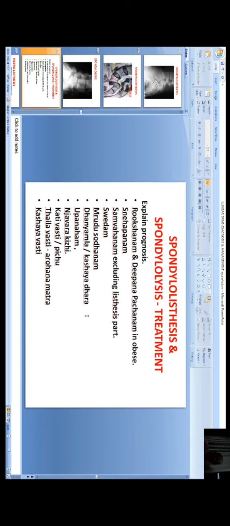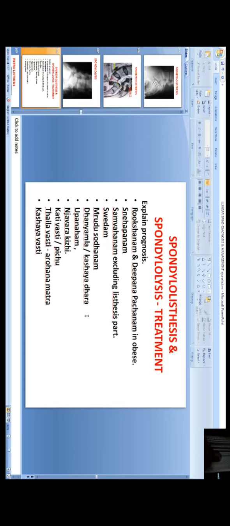Then Snehapana, that is Asthiashrita or Majjashrita. For Snehapana, after determining the age, Sattva, Satmya, and Ahara Avastha, we can decide the dosage of the Sneha. Usually Guggulu Tikta is given. Samvahana excluding the listhesis part; we don't have to give much pressure on that.